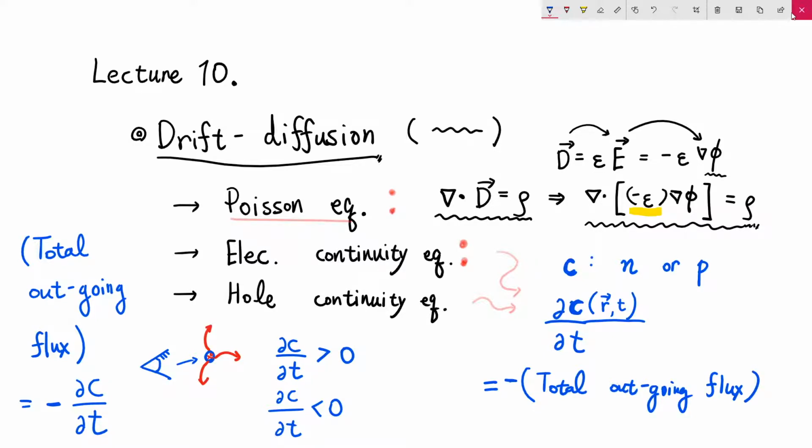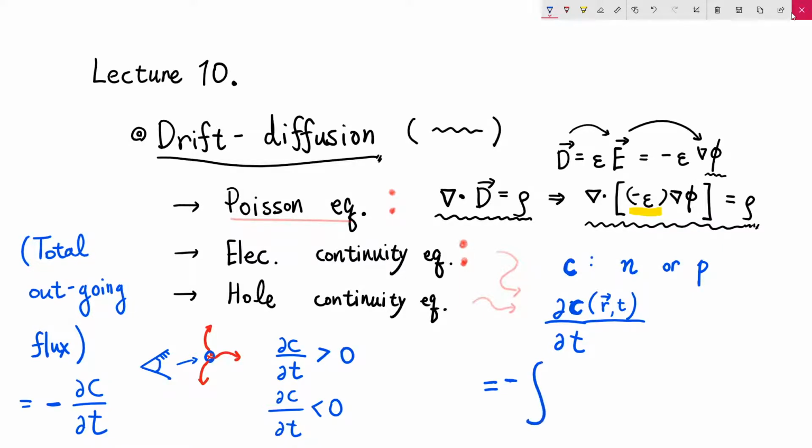Then how can we formulate this total outgoing flux without writing in plain English? How can we write it down in a mathematical form? That can be done this way.